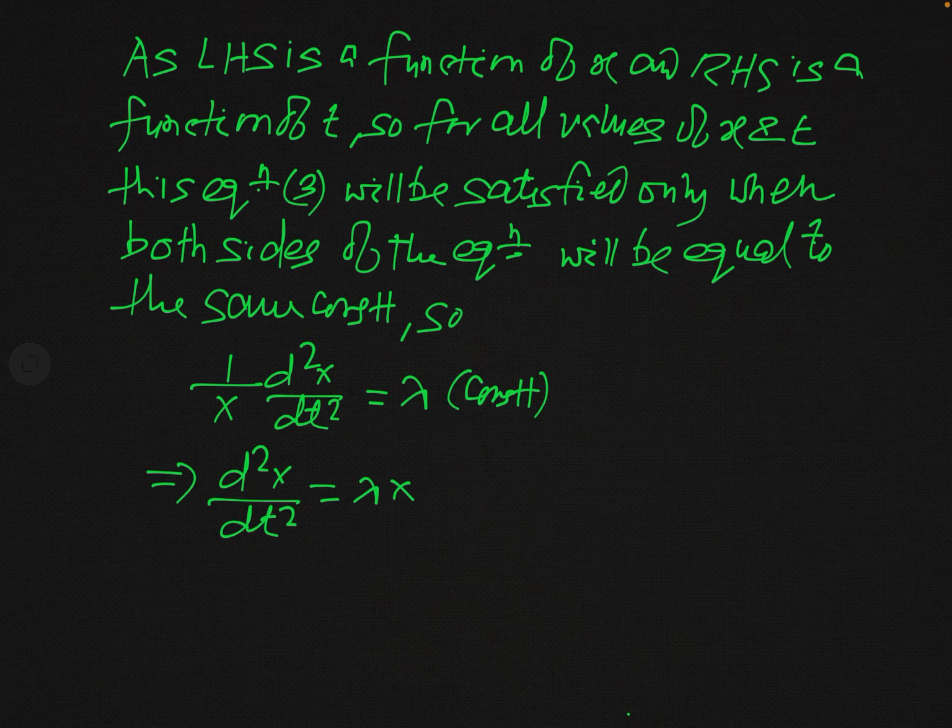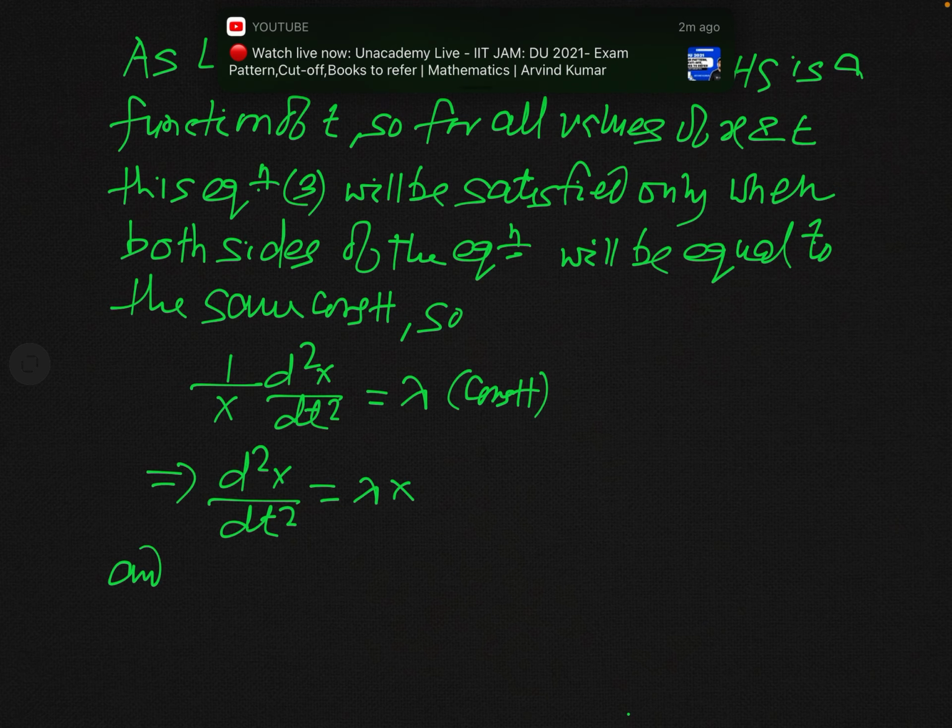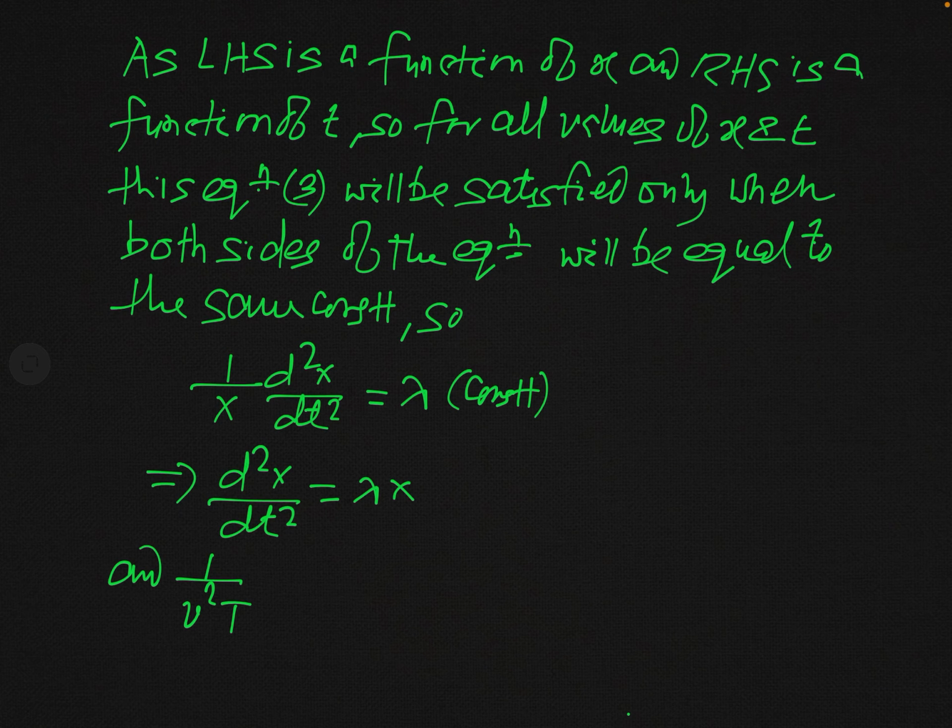And again you can see 1 over v square t d2t by dt square.